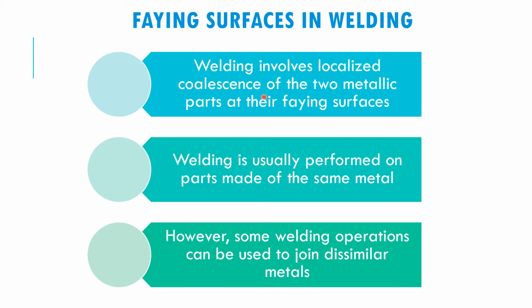For example, if you're using stainless steel, both sides are stainless steel, but there are also some welding operations that are specialized in joining dissimilar metals, and you can also join different materials, for example ceramic and metal, not only metal and metal.